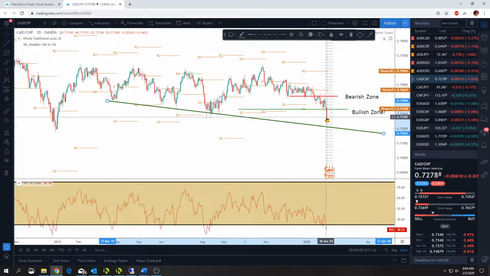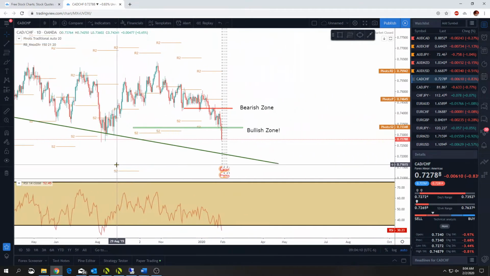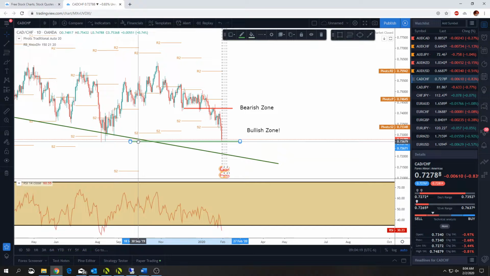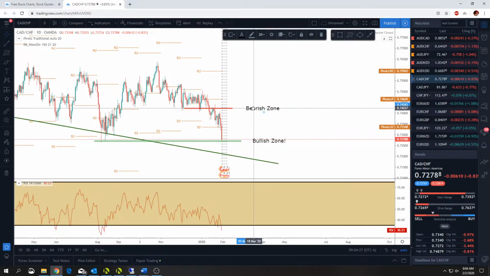So we definitely have some downside before we hit that trend line. If we move this to the bottoms of, let's just go to the bottom of these two wicks, right? So you can see we're in a zone. We're in a possible turnaround zone right here, and I like it back up to this S2.